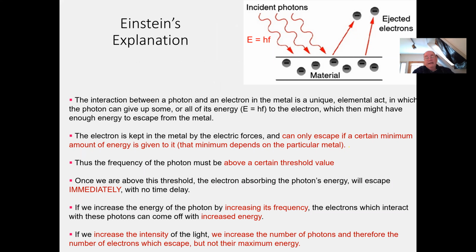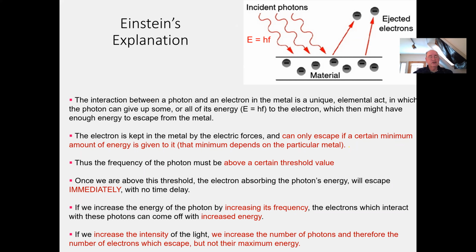And that might or might not be enough energy to free the electron from the metal. We do all recognize that the electron's going to need energy to get out of the metal. The electron is kept in the metal by electrical forces and can only escape if a certain minimum amount of energy is given. Okay, that minimum amount of energy will depend upon the different metals. Sodium will hold them by one energy, magnesium will hold them by a stronger.